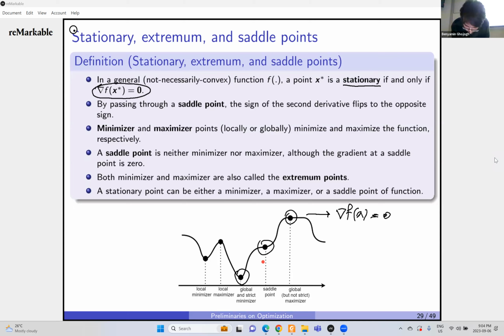These points are all called stationary points. The stationary point might be a minimum, might be a maximum, might be a saddle point.